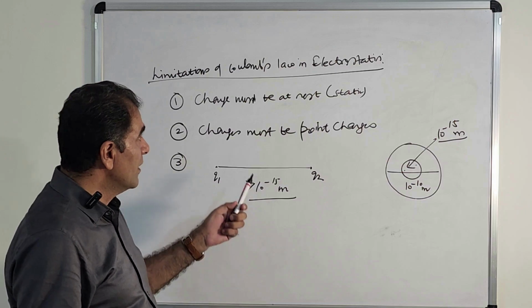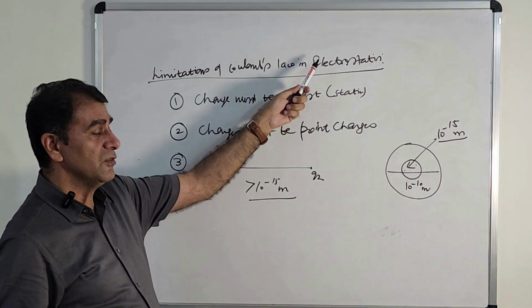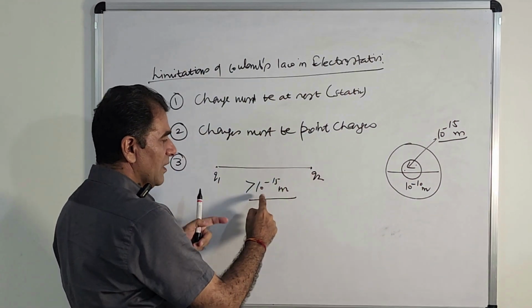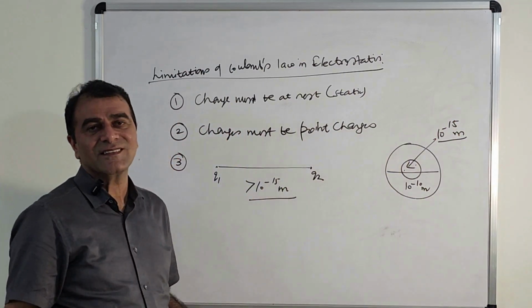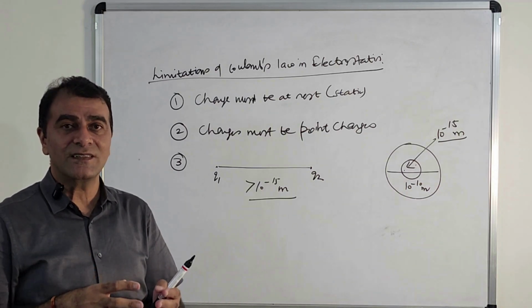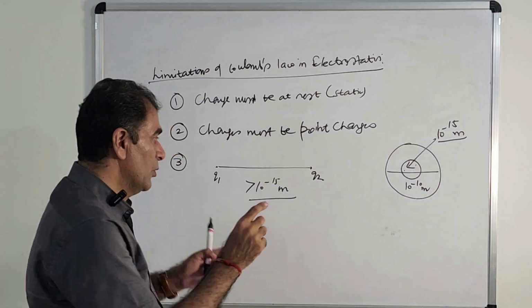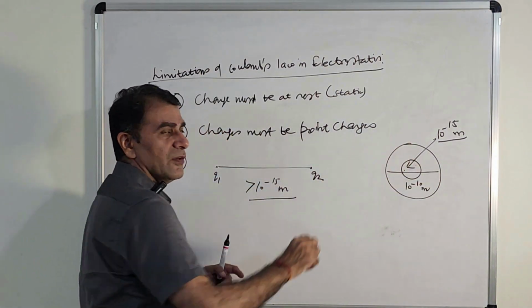So, if we want this law to hold good, so that we can find the force between two charges using this law, the distance between the two charges must be greater than the size of the nucleus, because everything is made up of atoms and atoms have a nucleus inside. If the distance is less than 10 to the power minus 15 meter, the charges will go inside the nucleus.